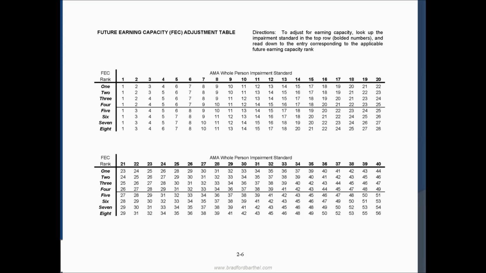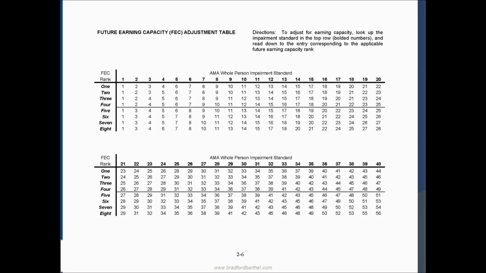And the FECs were ratios of average standard ratings to proportional wage loss with data that was compiled with respect to claims up until the 2005 PDRS was being put together. So the higher ratio of ratings to proportional wage loss resulted in a lower FEC, and we have FECs of 1 through 8 as shown there on page 2-6.